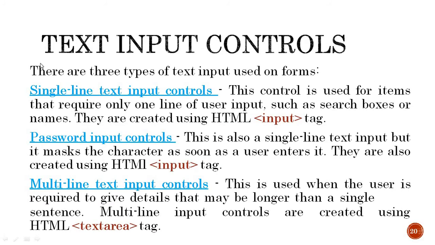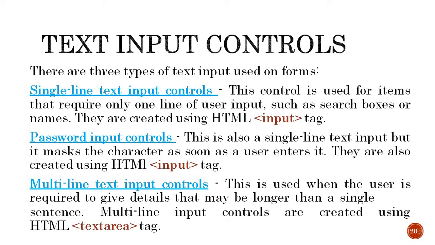Now the first control is the text input control. We have three types of text input controls: the single line text input control, the password input control, and the multi-line. For single line you use a simple input tag. For password you have to use the password input control. The difference is that in single line the text is visible to you, whereas in the password input control the text is not visible.